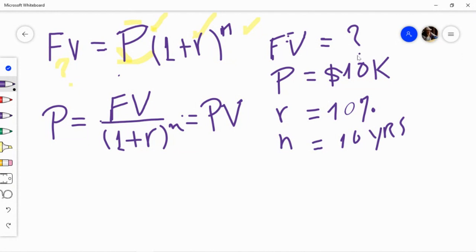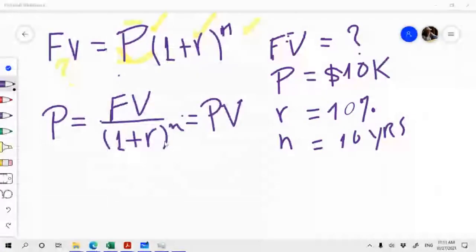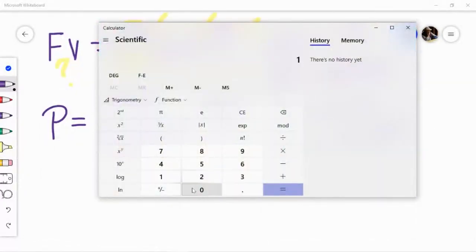When we calculated it according to this scenario, we got a future value of almost 26K. Let me bring up the calculator, 1.1 raised to 10. So that was almost 26K.